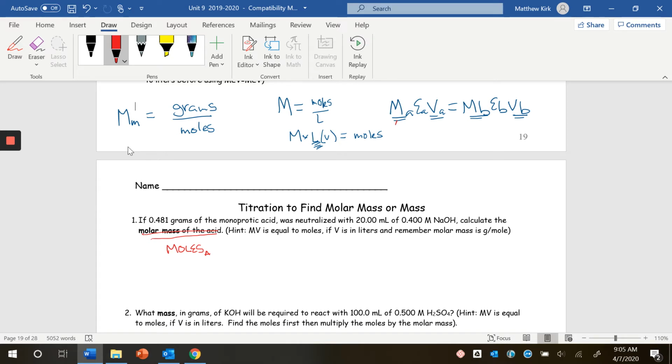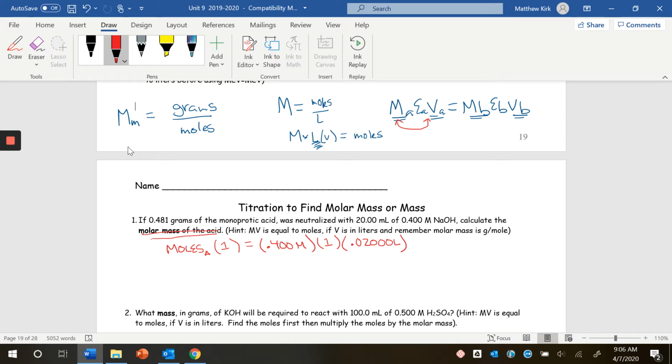I just have subbed in for molarity and volume. It tells us it's monoprotic, so we know its equivalence is 1. And then let's set that equal to the base side, 0.400 molar. It's sodium hydroxide, so its equivalence is 1. And one thing to catch here, remember when we do these sort of problems, our volume must be in liters.